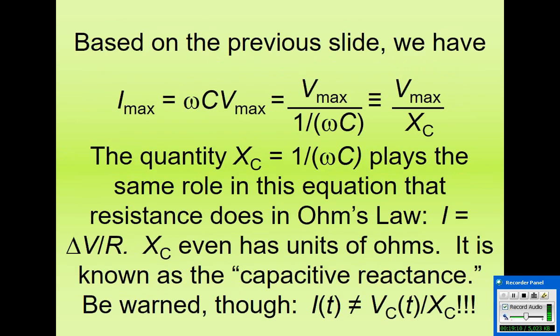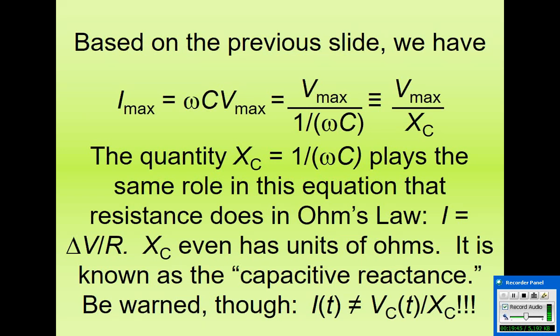If we combine these observations together, we get this expression that the maximum current is equal to omega times C times Vmax. But what we do instead is we try and mimic Ohm's law. Ohm's law says that the current goes as voltage divided by something. If I take my original expression of omega times C times Vmax, I can rewrite it as Vmax divided by 1 over omega C. Algebraically, that's perfectly acceptable.